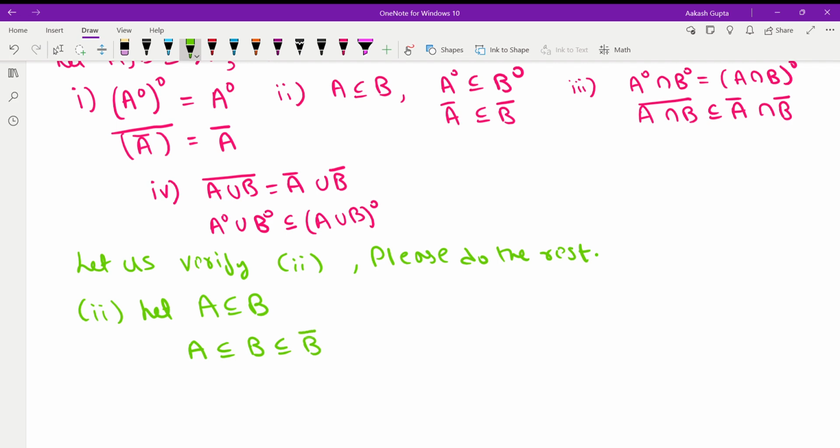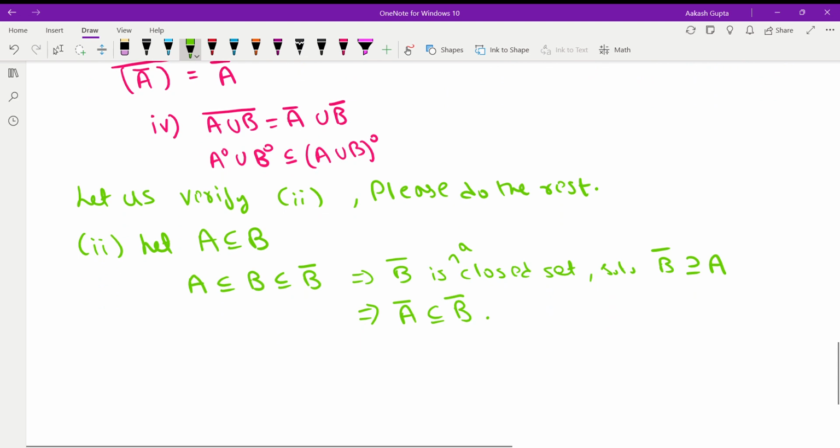Because B closure is the smallest closed set containing B. This implies B closure is a closed set such that B closure contains A. But A closure is the smallest such set, so A closure should be inside B closure. This is a flawless argument just by definition.